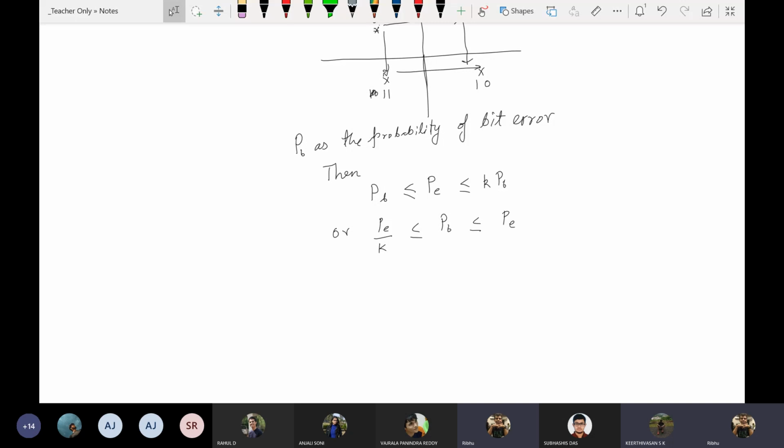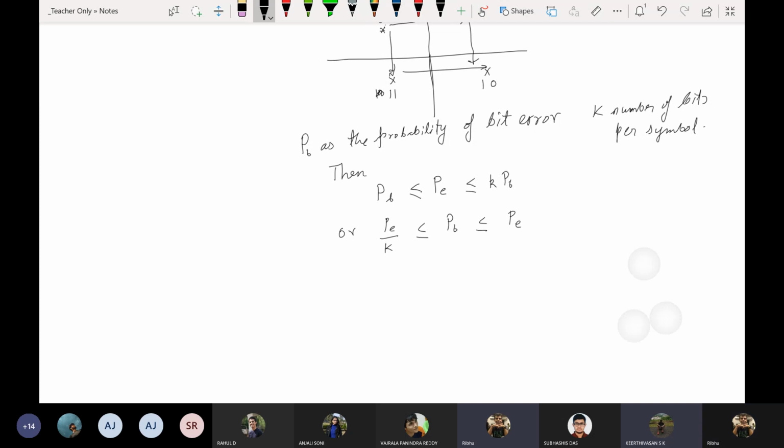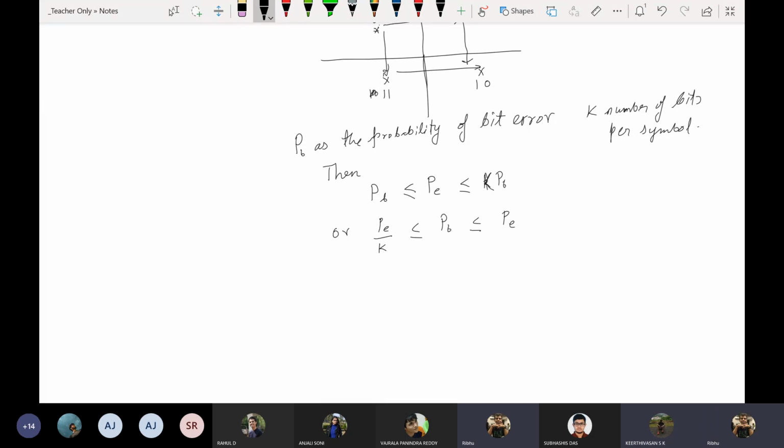So what is K? K is the number of bits per symbol. So K into PB represents all the bits being wrong.